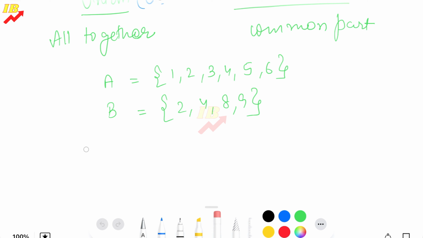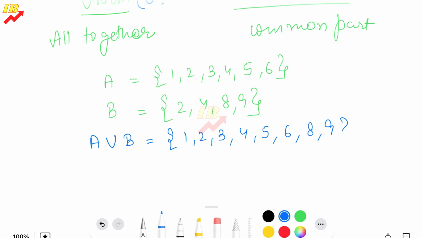Which means if I want to write something for A union B, that will be 1, 2, 3, 4, 5, 6, 8, and 9. We are not going to repeat the numbers. We are only going to count the common numbers one time. This is about the union, in which we are taking all the elements together.